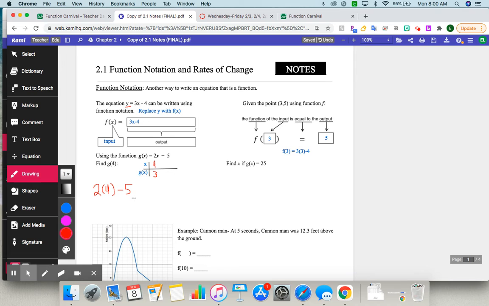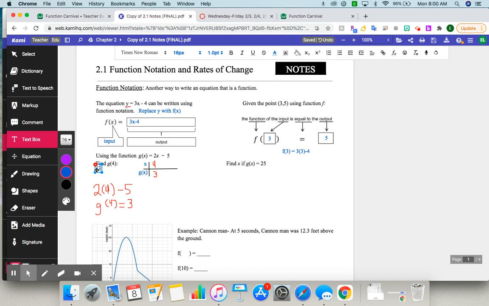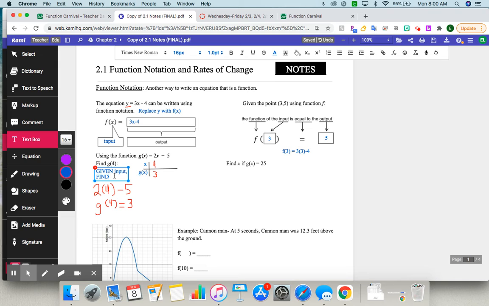Therefore, I would state that g of 4 equals 3. So once again, in this case, you are given the input, but then you have to find the output.